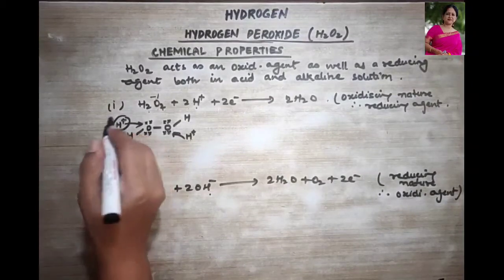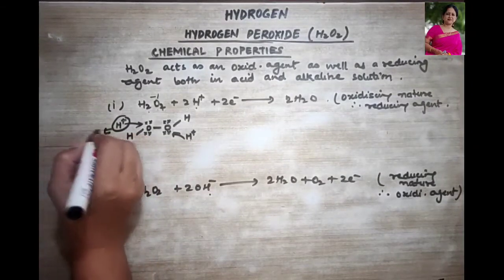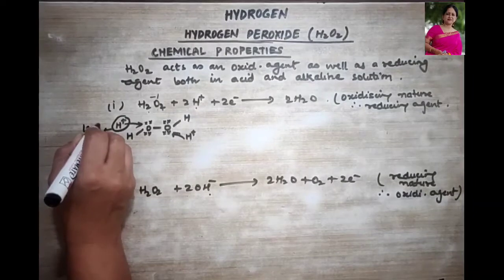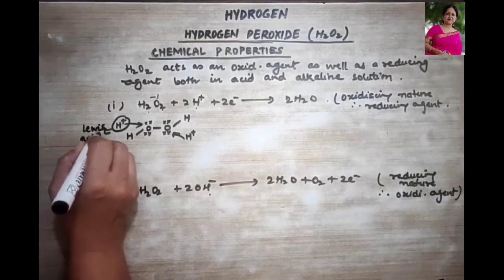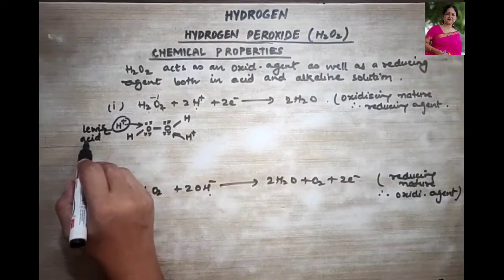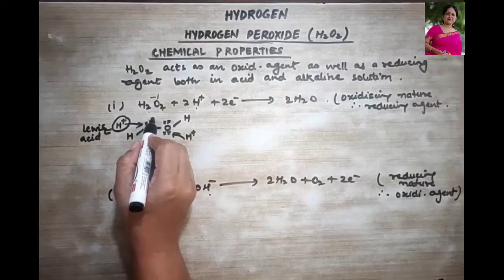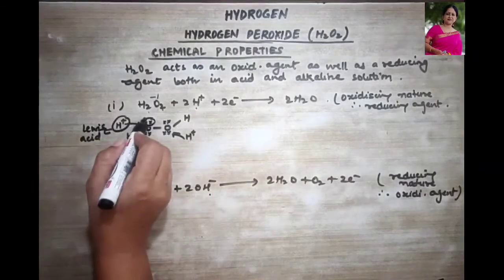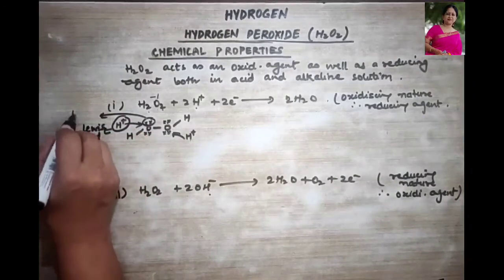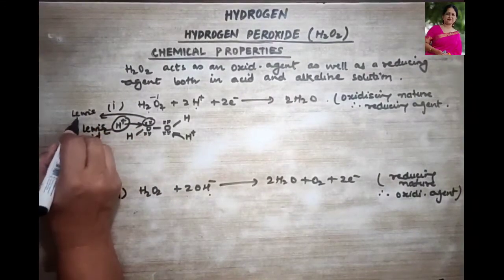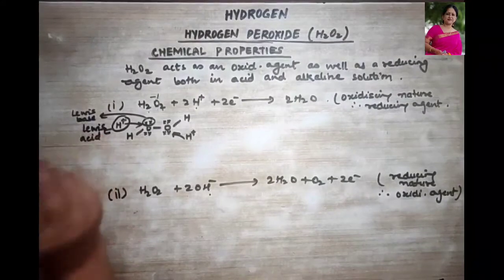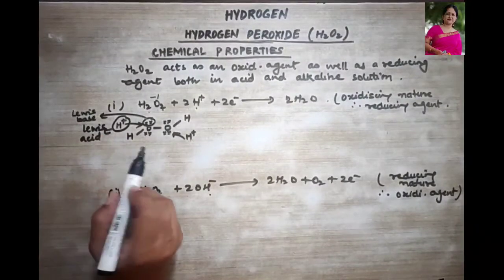So over here they act as Lewis acid, isn't it? The hydrogen ion or proton is acting as a Lewis acid, and this lone pair is acting as a Lewis base. Clear? Now what will happen?